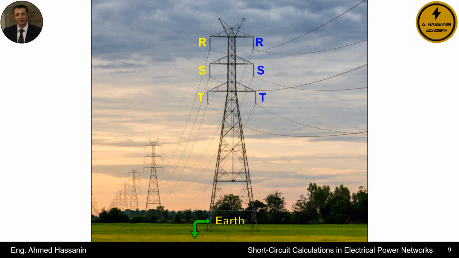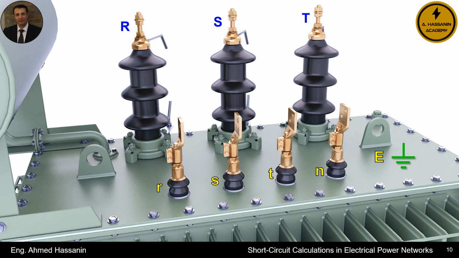However, it is essential to recognize the presence of another element throughout the entire power network, which is earth or ground. In other words, this refers to the grounding of the metallic bodies or enclosures of all electrical equipment and devices. However, with the use of power transformers and distribution transformers, as seen in the image before us, another conductor is present, which is the neutral line.